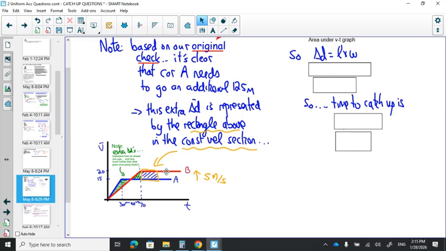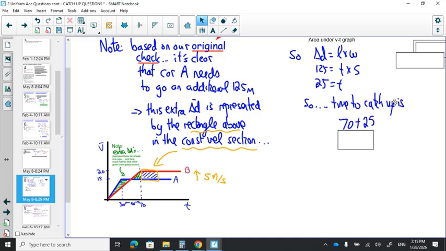But really it's faster by 5 meters per second. And so how long is it going to take to go 125 meters? It's pretty simple math, right? We want this area to be 125, so an unknown time times 5. And we're dividing by 5, and we're getting that 25 number still, right? So you can see that you're still going to have that 95 seconds.